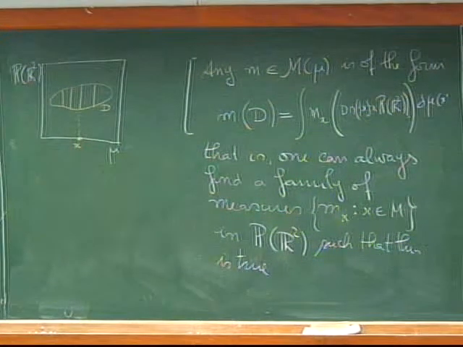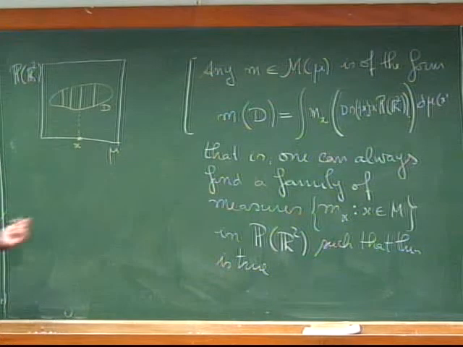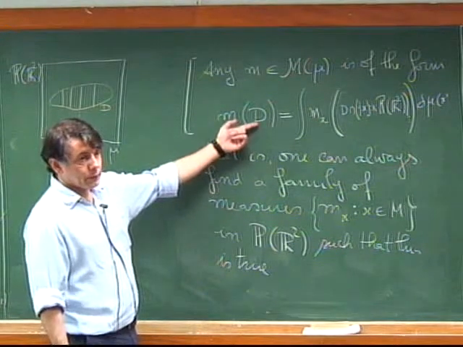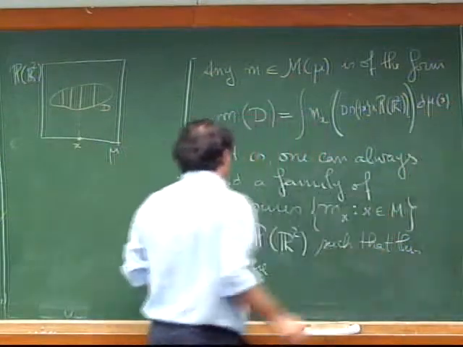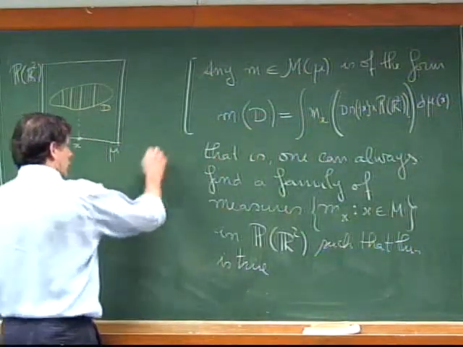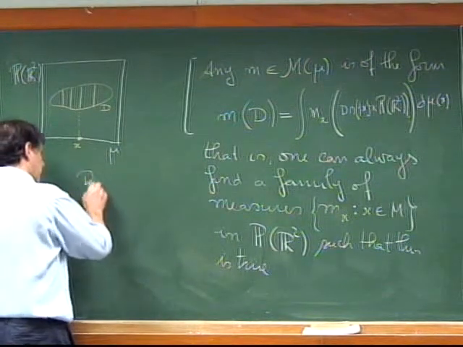Okay. In fact, it is if and only if. A measure belongs in this set if and only if it can be disintegrated in this way. And the statement that I'm using is called the Rochlin theorem, theorem of Rochlin.